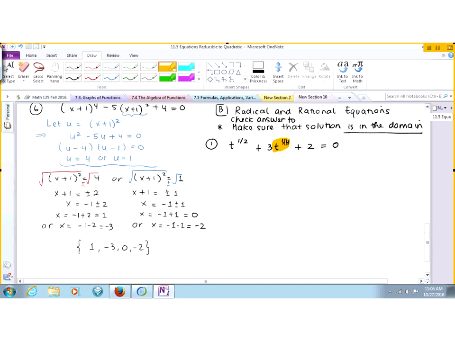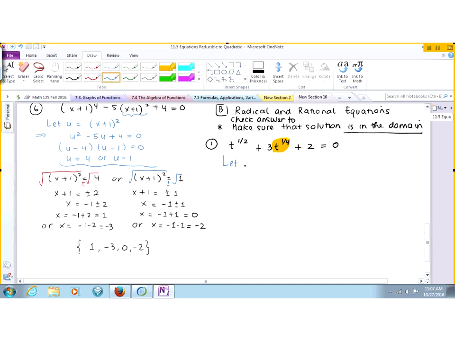Now, let's look at this. If I say that this is a u, is this a u squared or not? Because that's the easiest way to do. Do I have a u here and a u squared here? Yeah? Okay. So can I use substitution? Yes. When can you use substitution? Anytime you have a u and u squared.